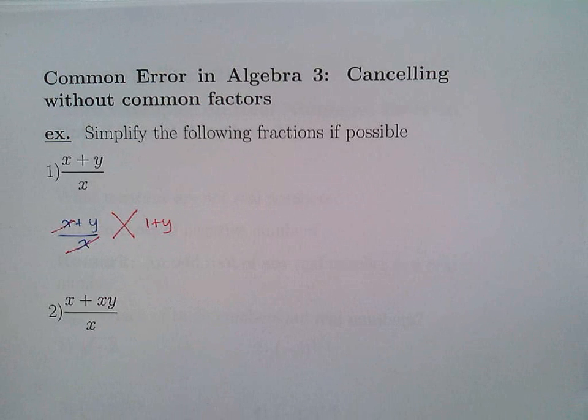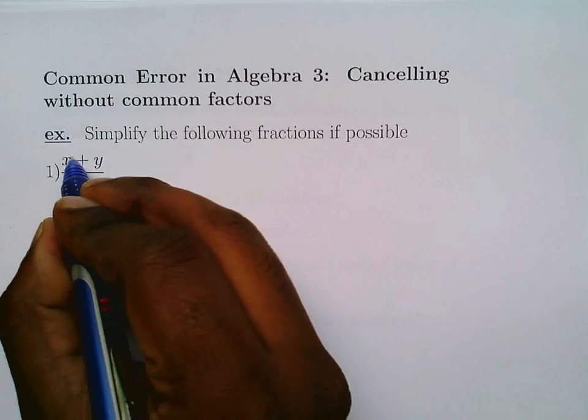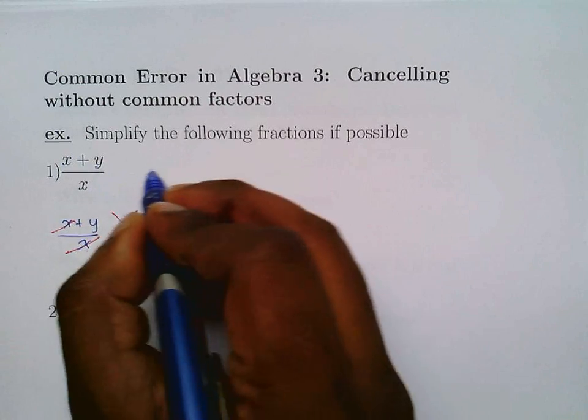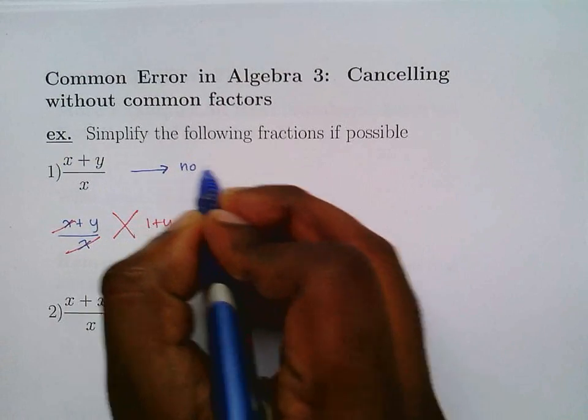The reason this arises is when you have multiple terms on the numerator or the denominator. So if you get multiple terms on the numerator and denominator, to avoid this mistake, always take out the common factors before cancelling. Right here you will see there are no common factors, so there is no simplification.